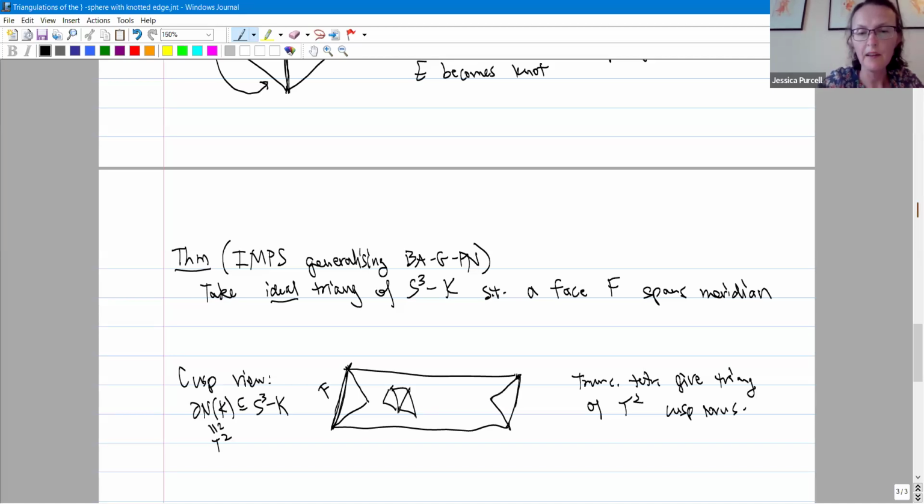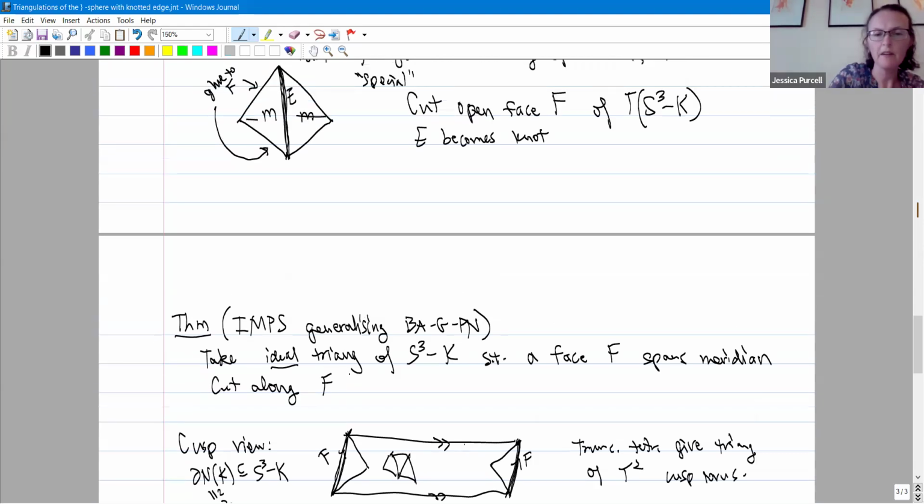And I have carefully taken F to form a meridian of this, but you should be thinking of the torus, right? We're going to glue here to here, we're going to glue here to here. So this is my triangulation, and this is a face that is spanning a meridian. So once you have this, you cut along F, and you insert this special tetrahedron that's right there above.